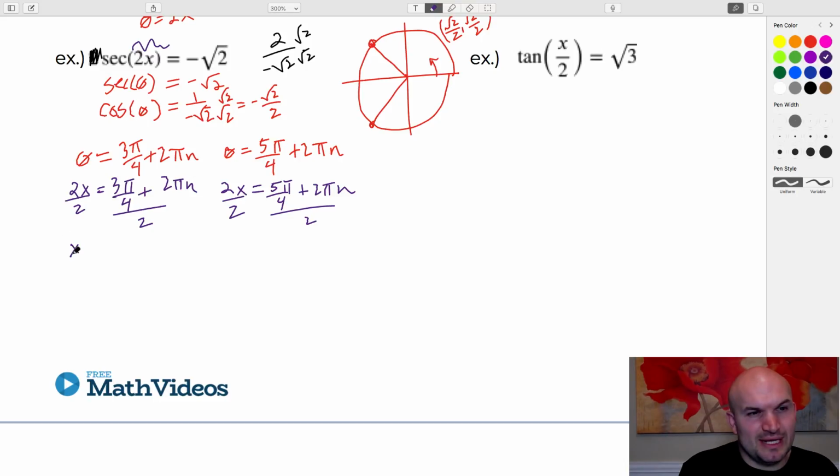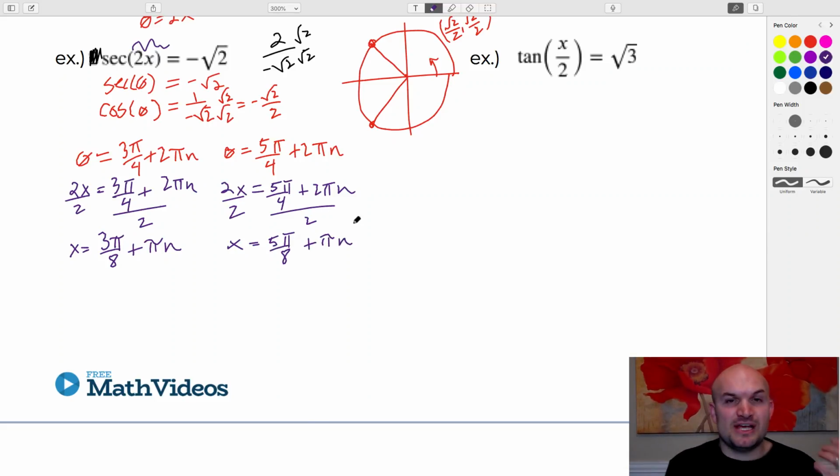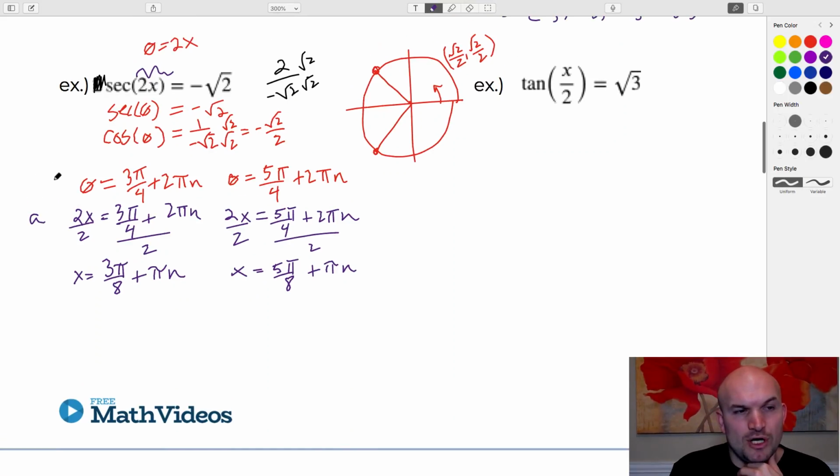So when we solve for x, we get x equals 3 pi over 8 plus pi n, and then here we get x equals 5 pi over 8 plus pi n. If I had more time, I would go over n representing any integer. n could be 0, it could be 1, it could be 2, okay? So here are the answers for all the solutions.